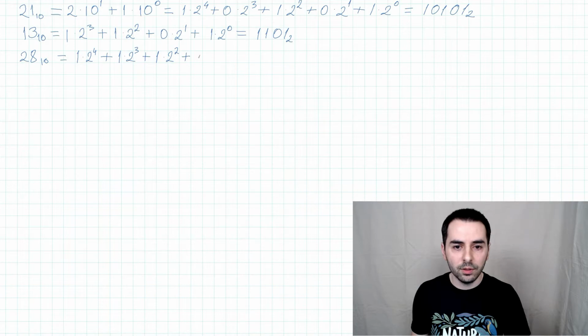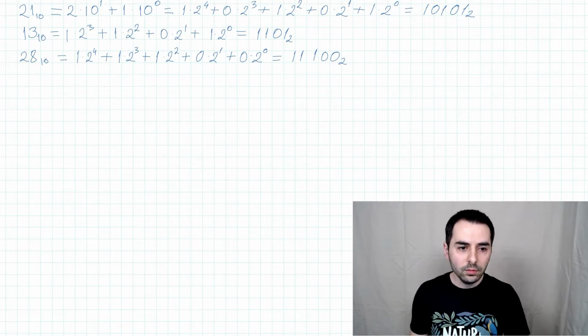So we don't have the 2, and we don't have the 1. And finally it's 1, 1, 1, 0, 0.